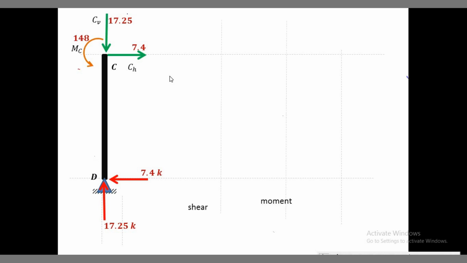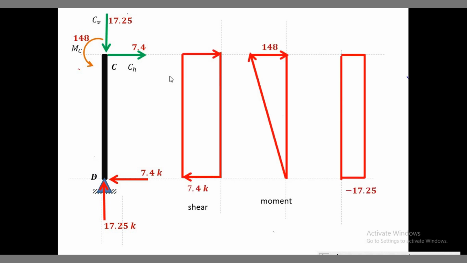And gawan nyo ng oras to review itong mga pinaglalagay ko dito ng mga values. Okay, so these are the internal reactions for point C. Now, if I'm going to draw the shear and moment diagram, my shear looks like this one, and my moment, tsaka yung axial force ko. Again, kindly take a look at this and paki-review my shear and moment diagram pati daytoy na axial force.